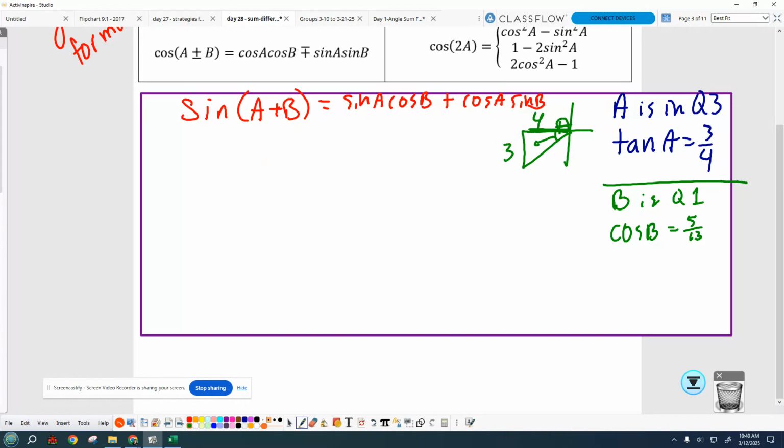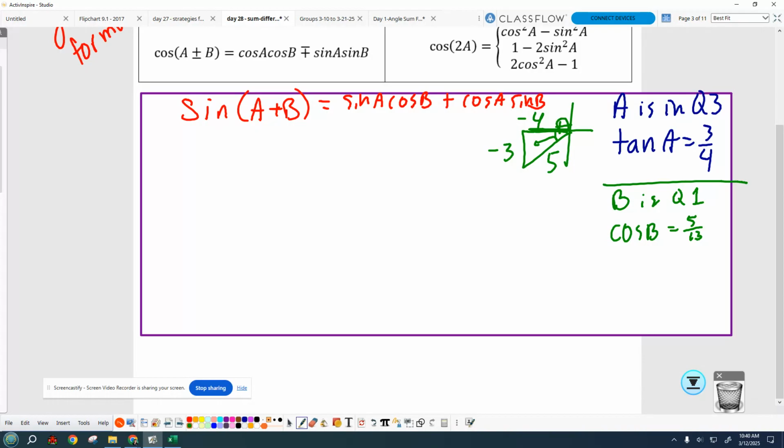Not just negative 3, but negative 4 also. He says, wouldn't it be negative 3 because it goes down? Yes, it will. And wouldn't it be negative 4 because we're going to the left? Yes, it will. Emma, what's the hypotenuse going to be? 5. Yep, Pythagorean theorem.